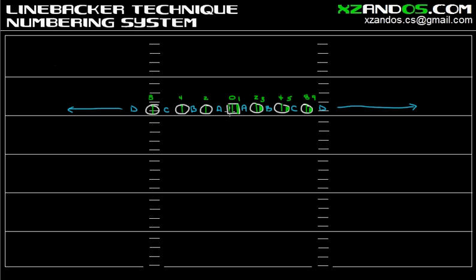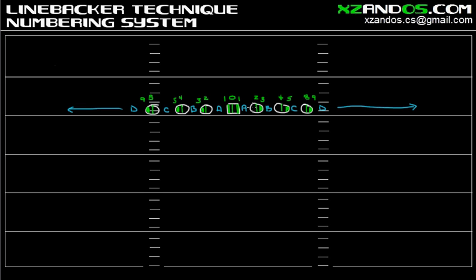Backside is exactly the same. Outside shades, players playing in the gap, responsible for that gap pre-snap. And again, we have 1, odd numbers, 3, 5, and 9.